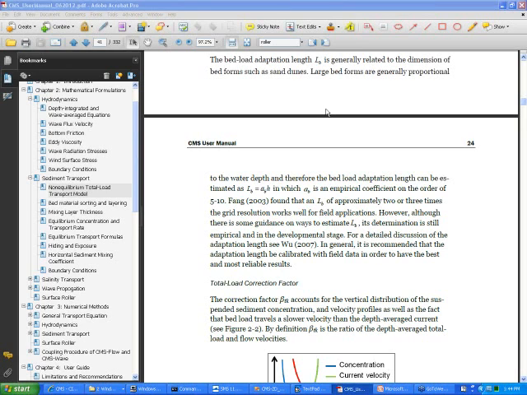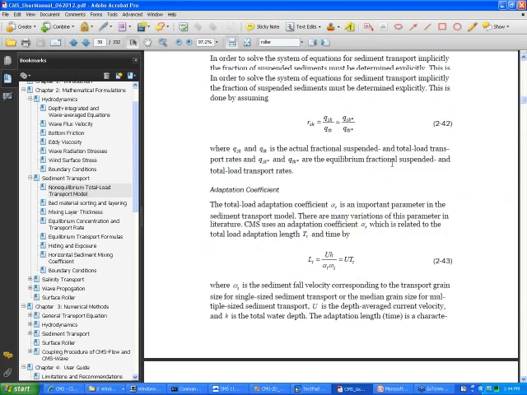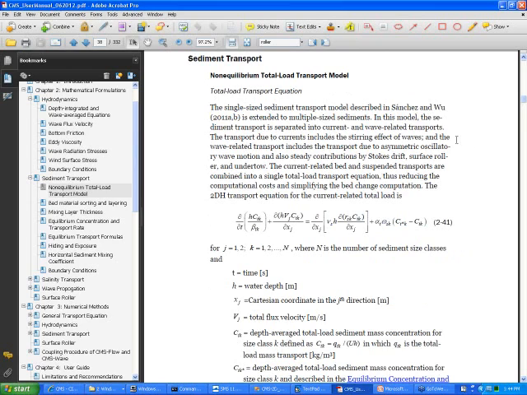Most of the error in sediment transport comes from, let me show you where it is in the equation, this term here. And that's not just for CMS, that's for every sediment transport model. The equations that we use to calculate the potential sediment transport rates or capacity are what introduce the most error into the model, because that's really the driving force of the model. It's going to say where you have sediment transport and how much of it is moving.